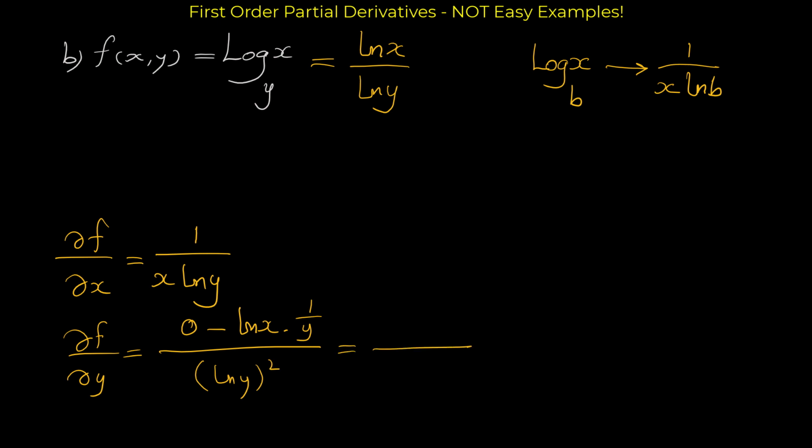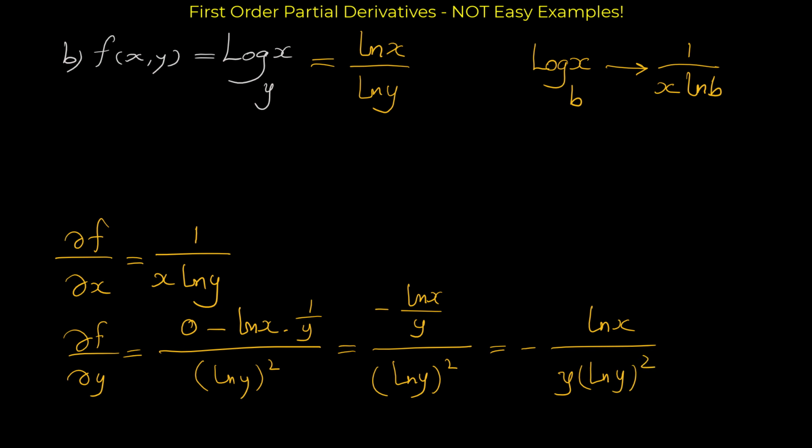So the answer can be written as negative ln of x over y, all over ln of y squared, which is negative ln of x over y times ln of y squared. This is the answer.